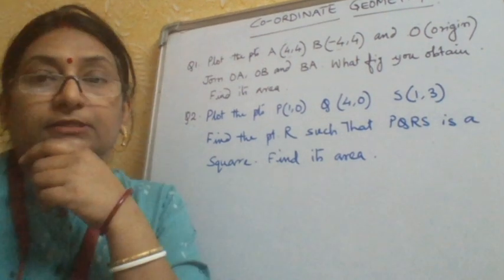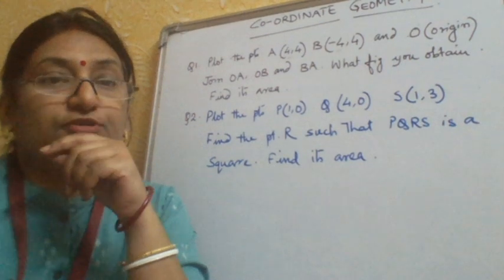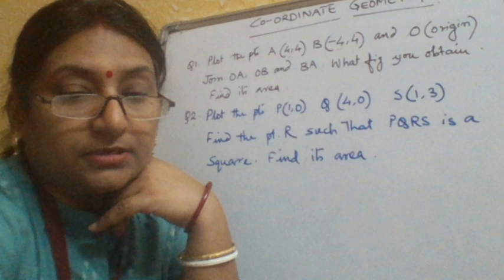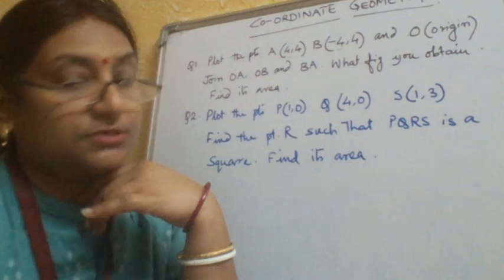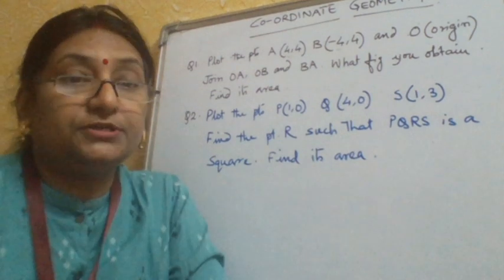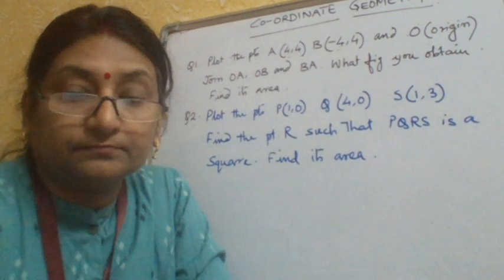So this is the point (4, 4), and the second point is (-4, 4). And then the third one is the origin. You know the coordinate of the origin is (0, 0).